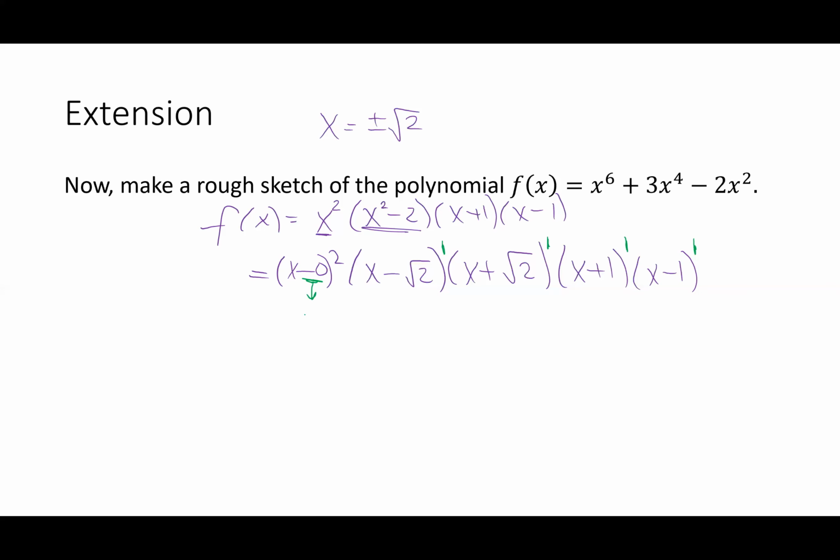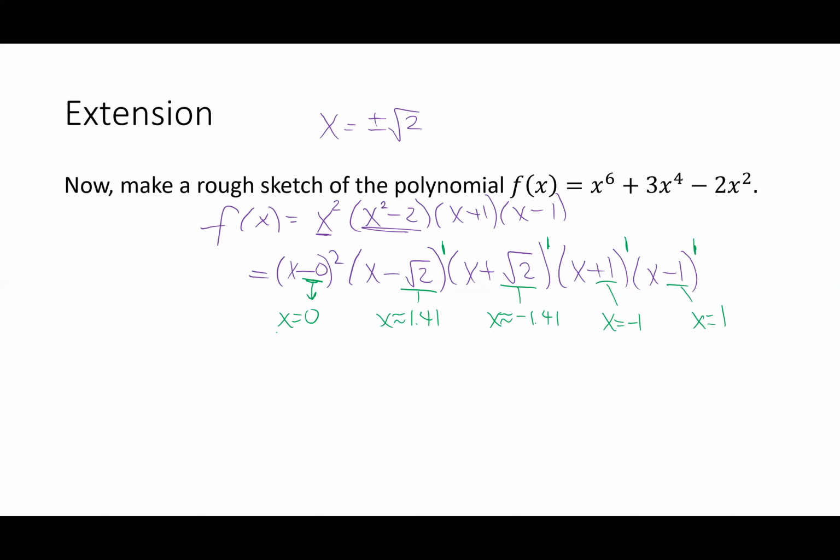So now, here I've got a root at x equals 0. Here I've got a root at square root of 2, which is approximately 1.41. Here I've got a root at negative square root of 2, which is approximately negative 1.41. Here I've got a root at negative 1, and here I've got a root at 1.